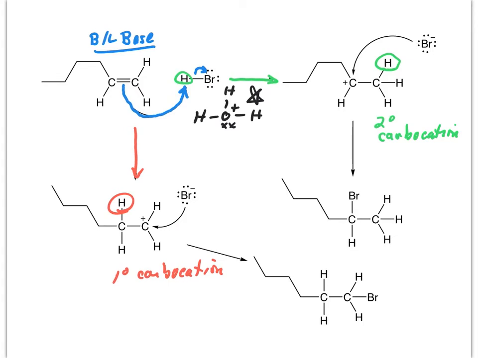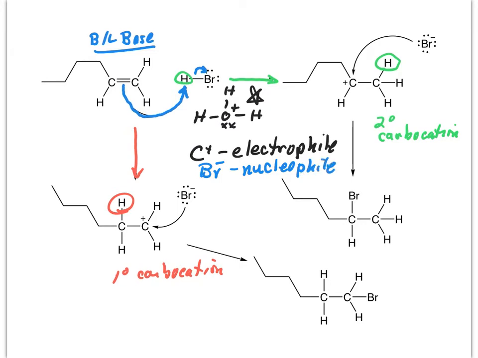In either case, the carbocation is going to act as the electrophile, the Lewis acid, which means the bromide ion will act as the nucleophile, or the Lewis base.